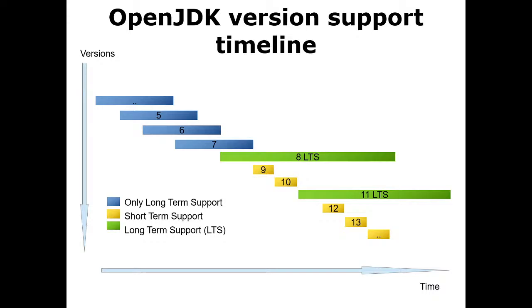In this case, it's very important to have an up-to-date environment, and that's why there are so many short-term support releases created for Java. But don't worry, most of them belong to long-term support.